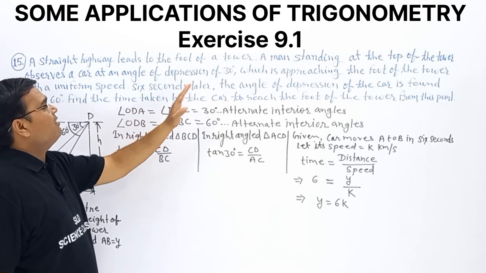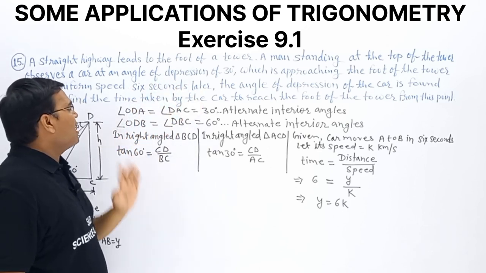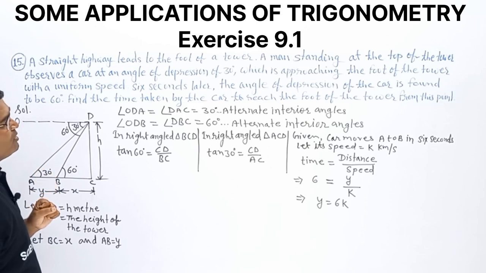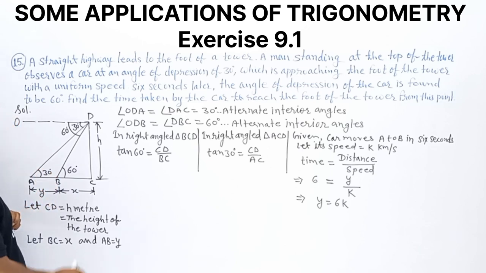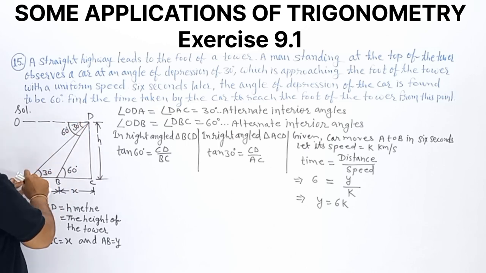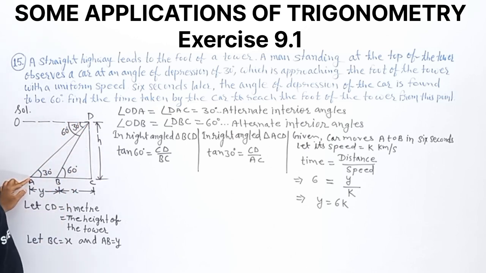After 6 seconds, the car has reached from this point to this point. Clear? 6 seconds later, the angle of depression of the car is found to be 60 degrees. First, the man is standing at the top of the tower and observing a car at point A, and the angle of depression is 30 degrees.